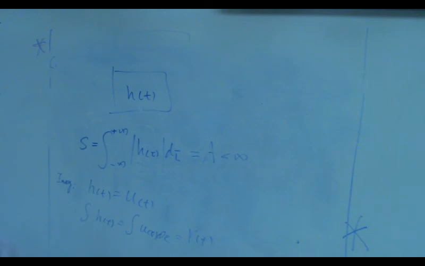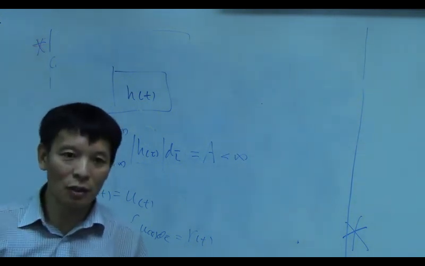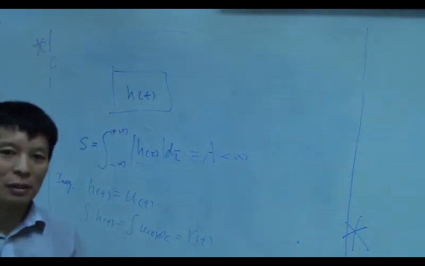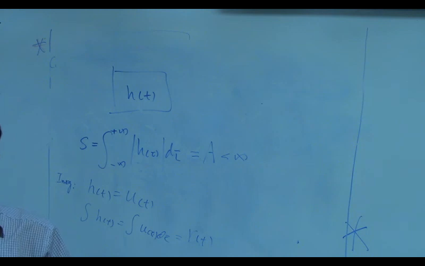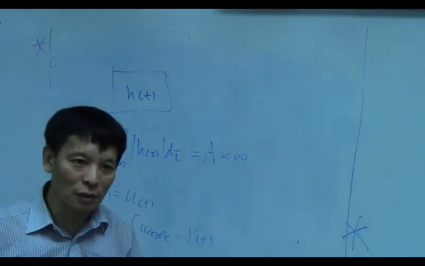Okay, next point for impulse response is to solve the differential equation. We do not want to really solve differential equations, but from the last lectures we know an LTI system, a continuous time system, can be represented by differential equations.